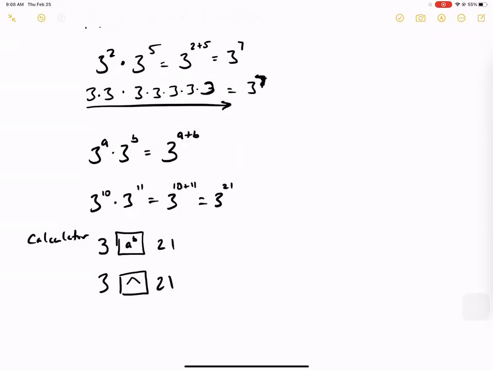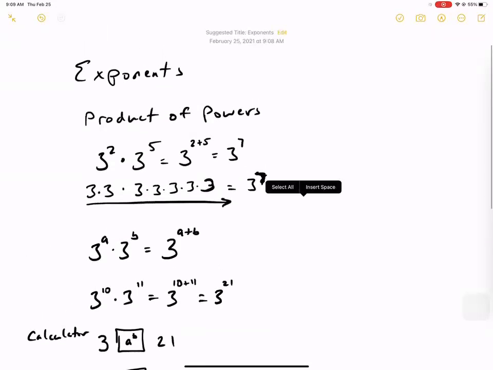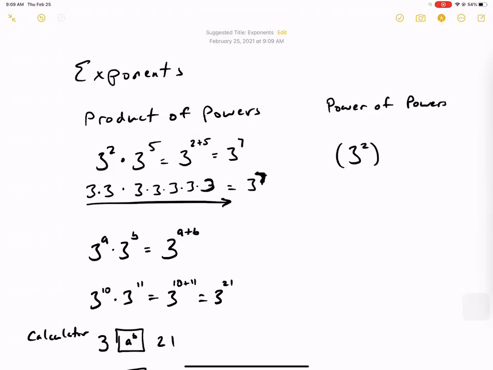Okay, so let's review another thing that we covered last time. This was called power of powers. That means if I take the exponent of an exponent. So if I say 3 squared to the, let's say, 5th power here. Let's go big.